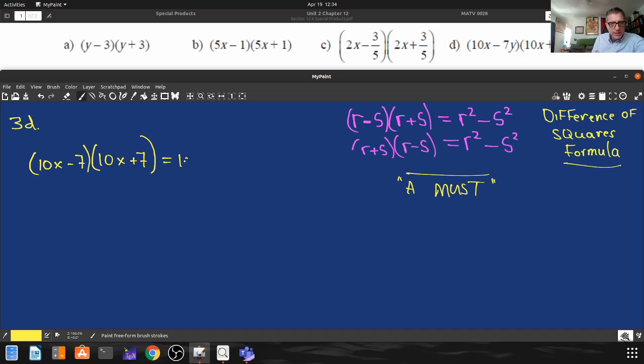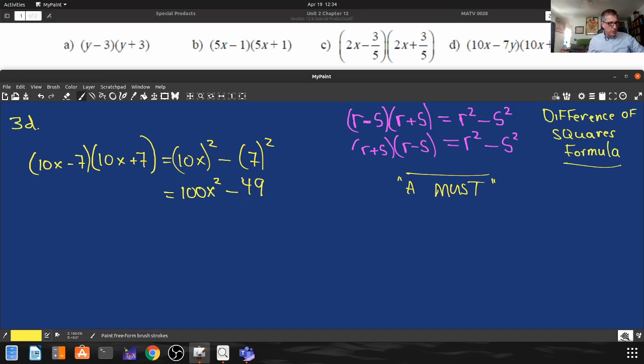So this is 10x squared. Why? Because r is equal to 10x and s is equal to 7. So by the power of a product rule, this is 10 squared, which is 100, times x squared, minus 49.